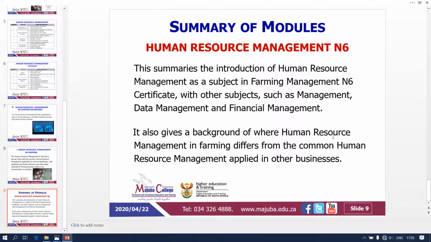Let's move on. In terms of your summary, Human Resource Management N6 summarizes the introduction of human resource management as a subject in the farming management N6 certificate, with other subjects such as management, data management, and financial management. It also gives a background of where human resource management in farming differs from the common human resource management applied in other businesses.